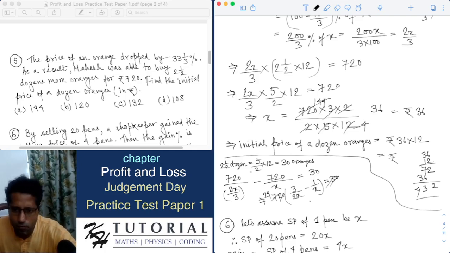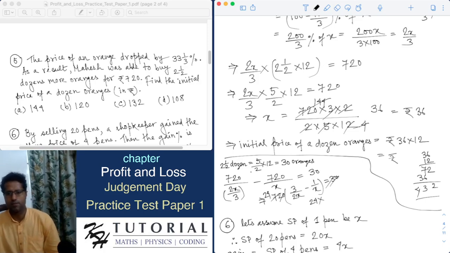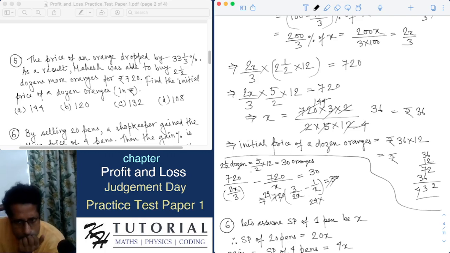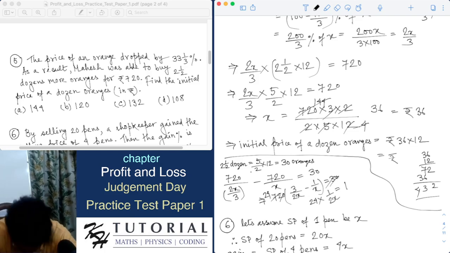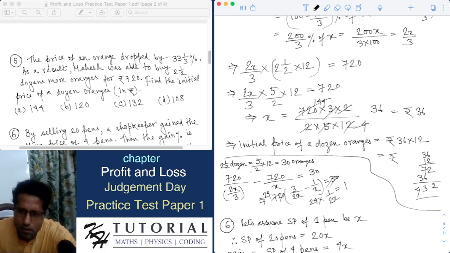So I have 24 into 3x by 3 by 2x minus 1 by x. How much is that? 1 by 2x equals 1. Okay, so 3 by 2x minus 1 by x is 1 by 2x. So we have this, which implies 12 by x equals 1.